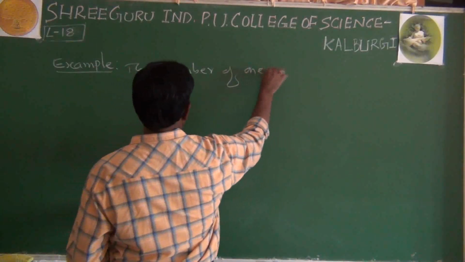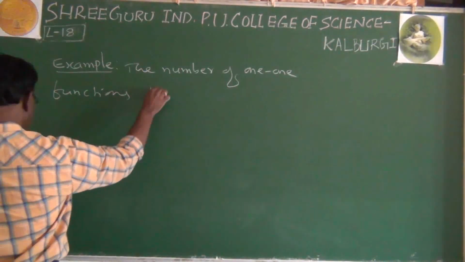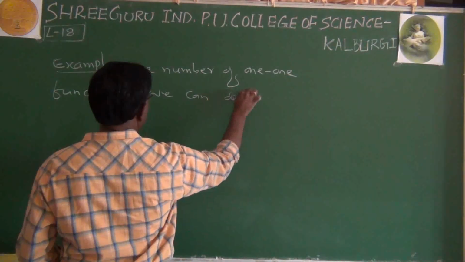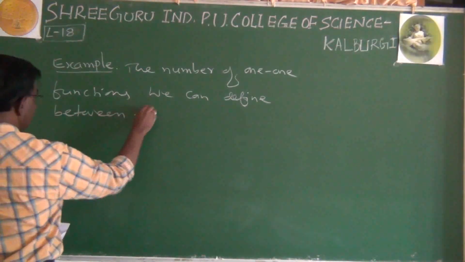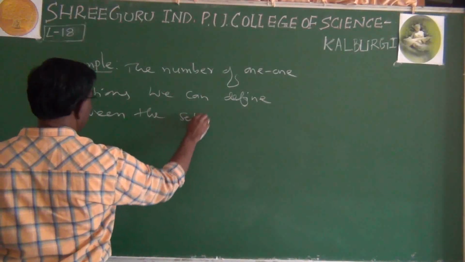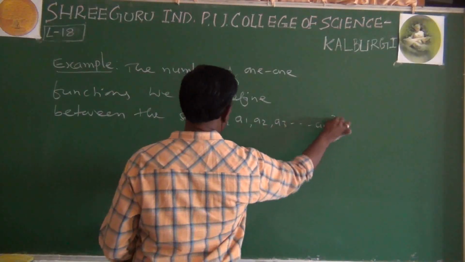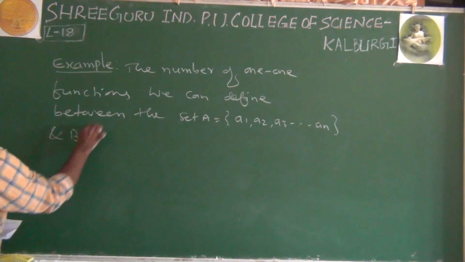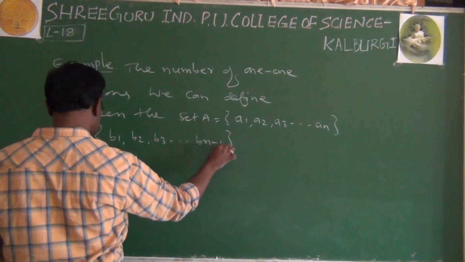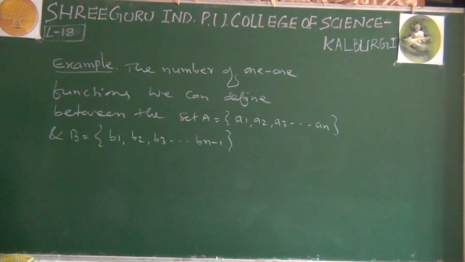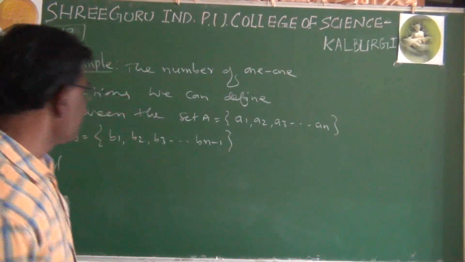The number of one-one functions we can define between the set A equal to A1, A2, A3 up to A m and B equal to B1, B2, B3 up to B suffix n minus 1. Question: the number of one-one functions from set A to set B.